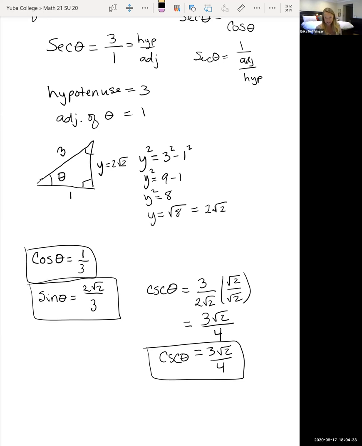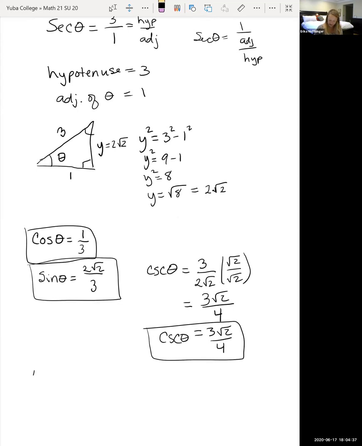And then tangent and cotangent are the last ones. So tangent theta is opposite over hypotenuse. Not hypotenuse, sorry. SOHCAHTOA, opposite over adjacent. So 2√2 all over 1, which we can write as 2√2. And then cotangent theta, the reciprocal. So 1 over 2√2.